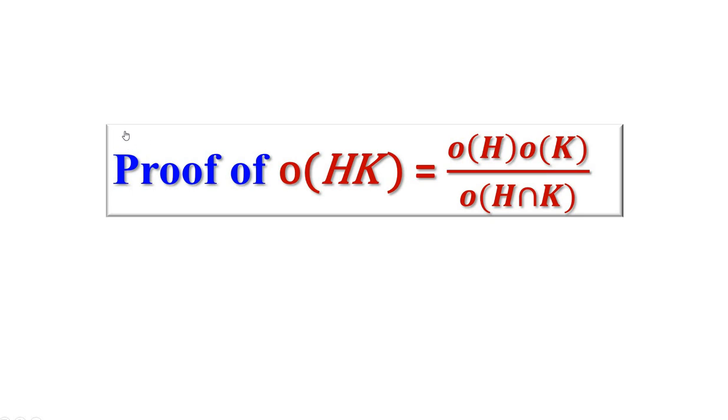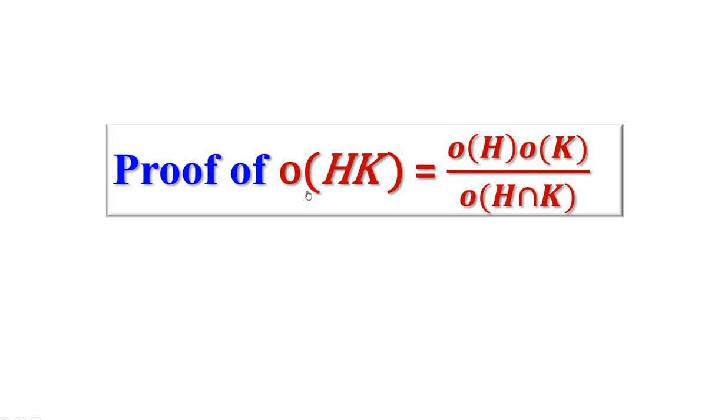Now, the main proof of this section is to prove that if H and K are finite subgroups of a group G, then order of Hk is equal to order of H into order of K divided by order of H intersection K. So this is the main theorem in this section.